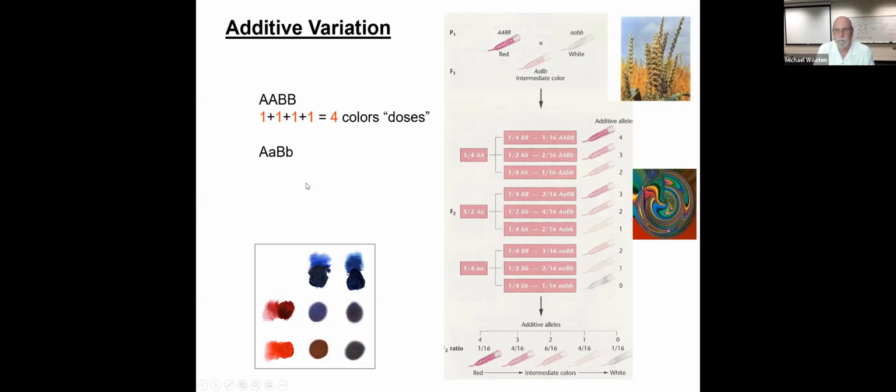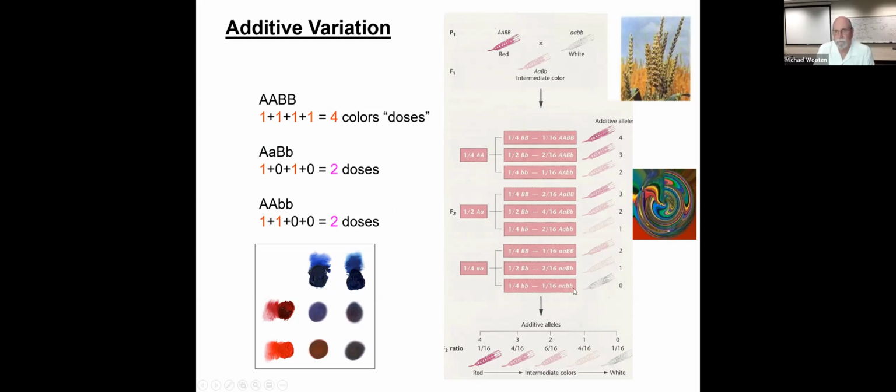Well, in the genetic sense, though, what we're talking about is, okay, this one, big A gives 1, and we'll make the simplest case where little a or little b gives you 0 doses. That gets 2 doses, okay? That's a hit. That gets 2 doses. This individual, big A, little b, also gets 2 doses. So whatever color those are going to be, they get 2 doses of color, okay?